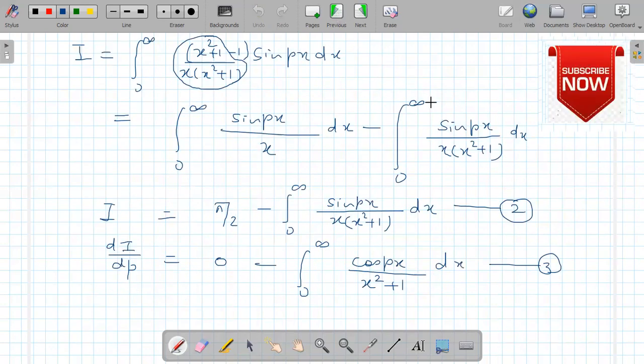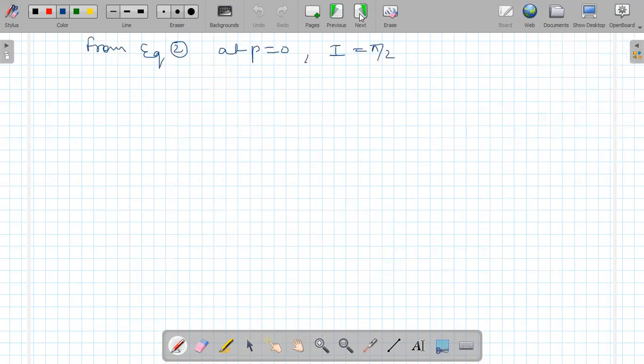सेकेंड इक्वेशन नंबर 3 में आइए. अब यहाँ पर आप जब p 0 रखेंगे तो di by dp की वैल्यू कितनी आएगी? जब आप p 0 रखोगे तो ये हो जाएगा 1 अपॉन एक्स स्क्वायर प्लस 1. उसका इंटीग्रेशन tan इनवर्स x आएगा. tan इनवर्स x इंफिनिटी पर पाई बाय 2 होता है. बिकॉज ऑफ दिस नेगेटिव साइन वी हैव माइनस पाई बाय 2. ओके, so I'm not showing the solution.